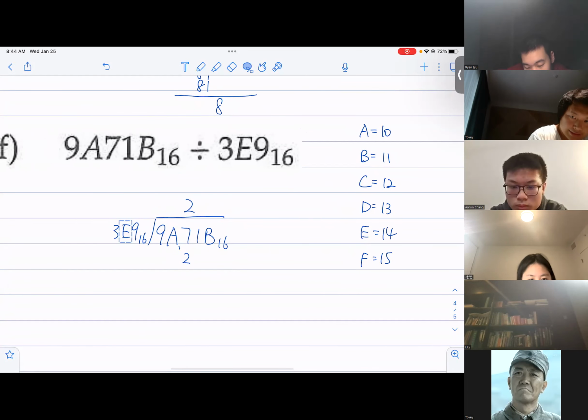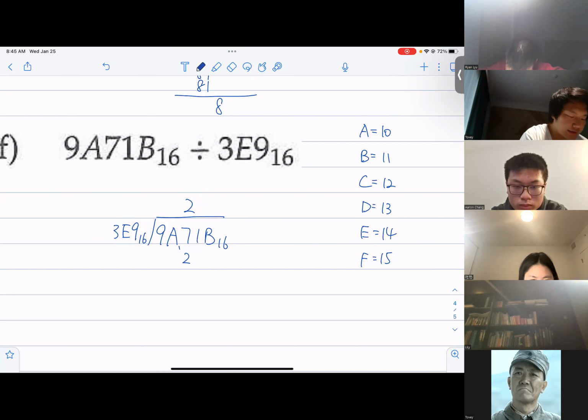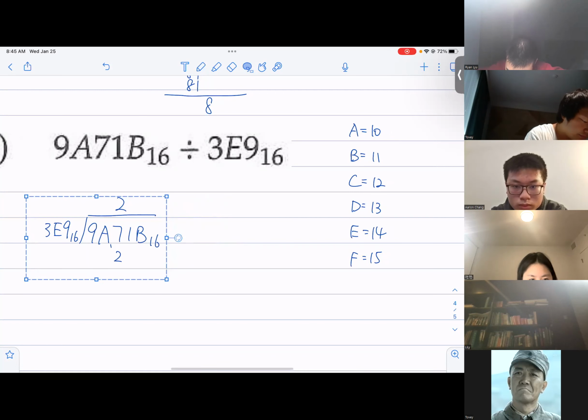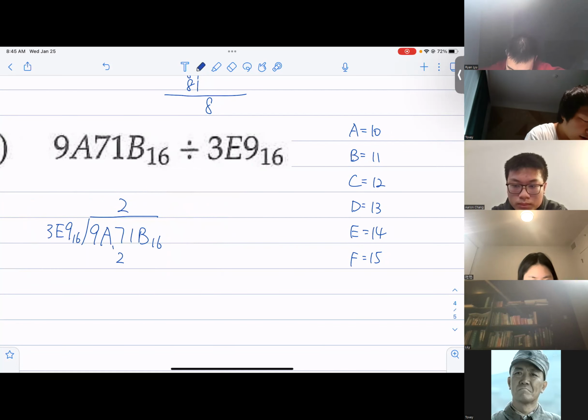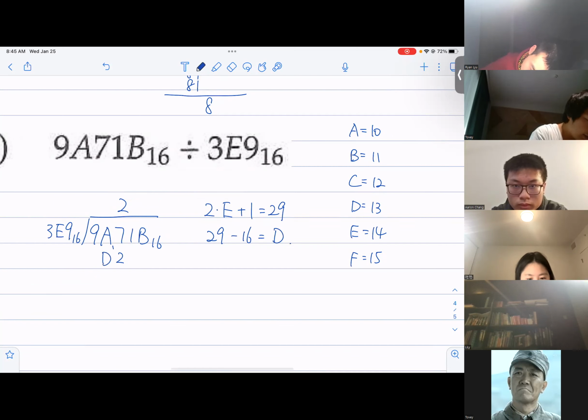It's not hard, just remember it. So 2 times 14 is 28, plus the 1 carryover is 29, right? For 29, there aren't 2 16s, there's only 1 16. So I'll write it on the side so that you know what I'm talking about. We are doing 2 times E. E is 14, that's 28, plus the 1 carryover, so that's 29. It's more than 16, so we minus 16, we get 13, and 13 is actually D. So you put a D here, and you carry over.